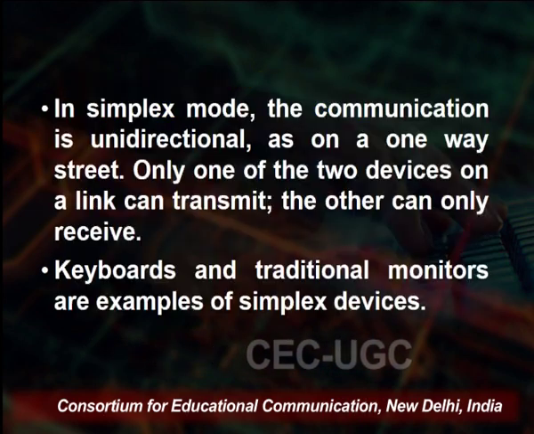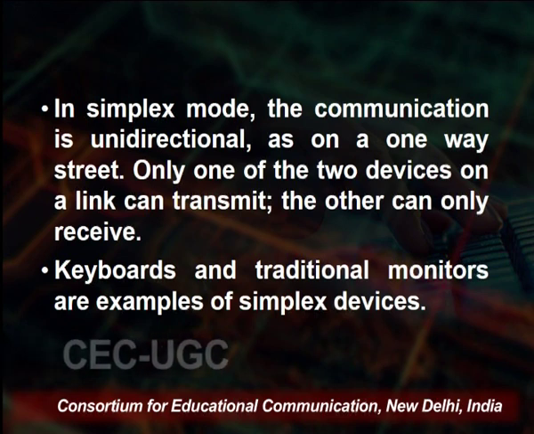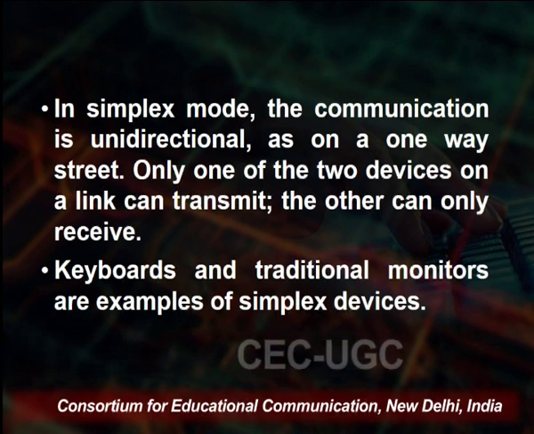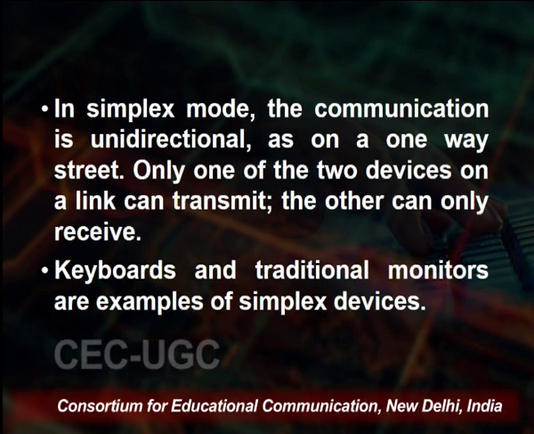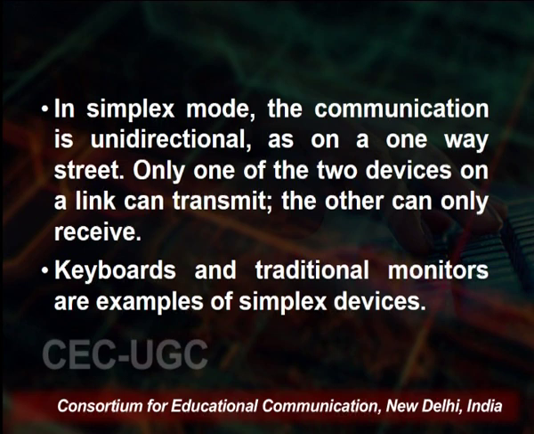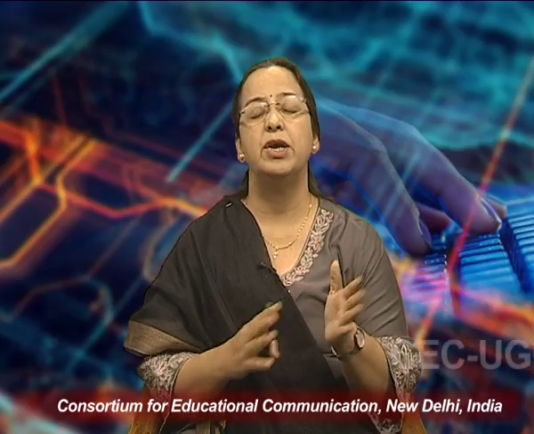So, in this one-way street, only one of the 2 devices on that link can transmit, and the other device can only receive. As other examples, keyboards and traditional monitors are examples of simplex devices. So, a unidirectional communication mode.